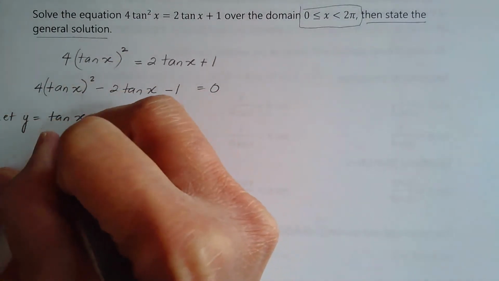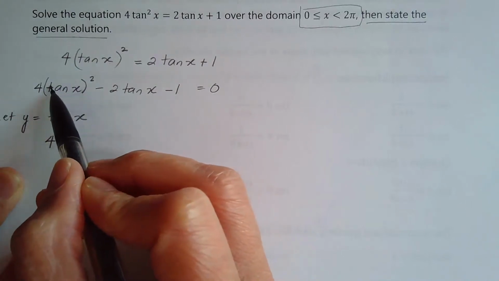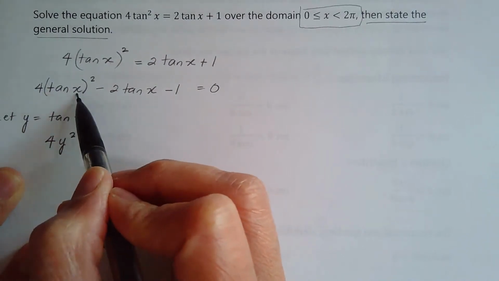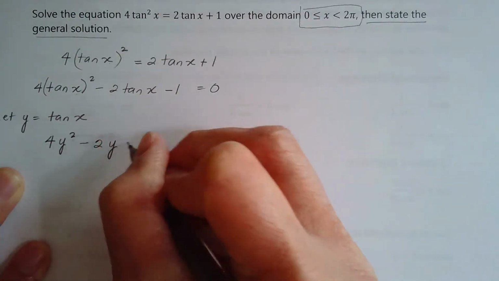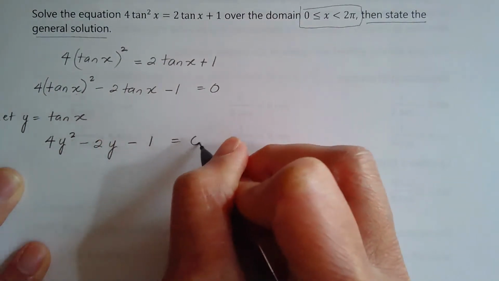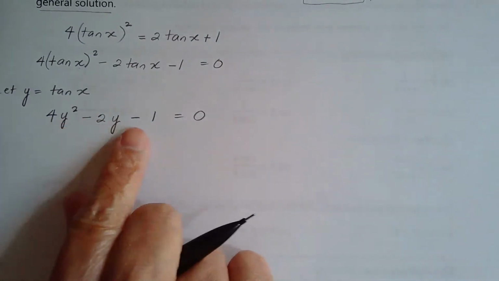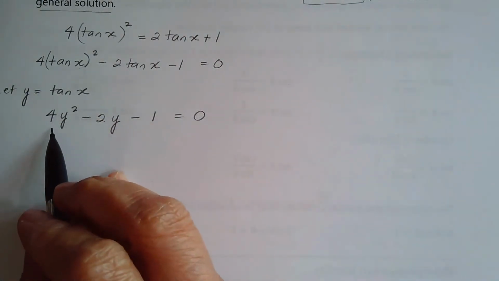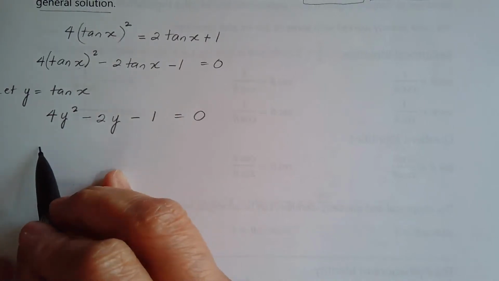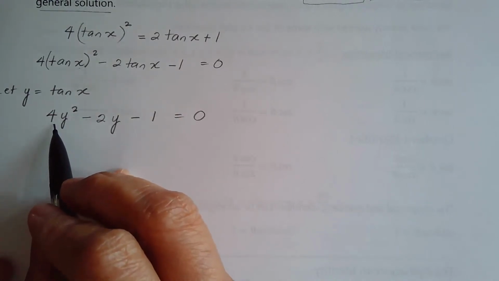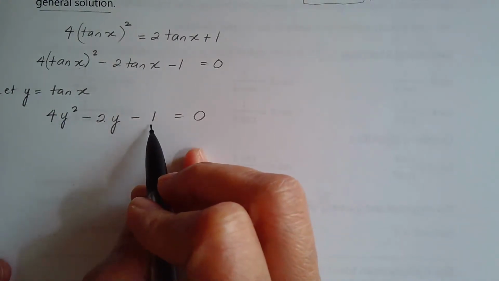So it becomes 4y squared. We're going to replace tan of x with y. So that's going to be 4y squared minus 2y minus 1 equals 0. Now, in this particular case, we can't really just factor it the way it is right now, because this is 4, and then this is 1.